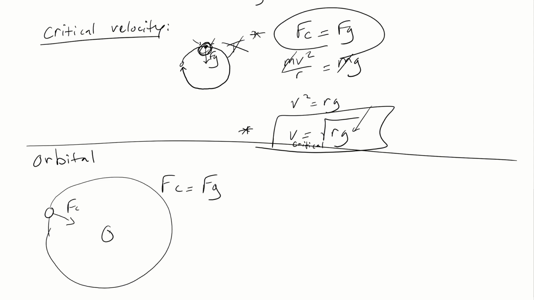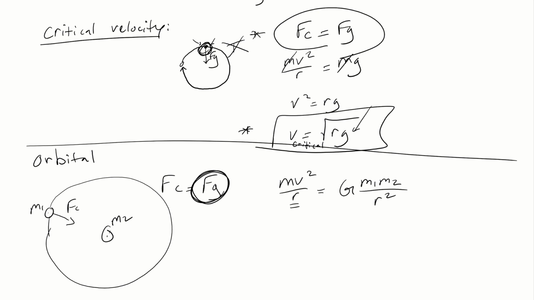So rather than using our critical velocity that we used before, we're still going to use mv squared over r for the centripetal force, but now I'm going to use my universal force of gravity, G m1 m2 over r squared, for the two masses involved. Let's say this is mass 1 and this is mass 2. R, keep in mind, represents the distance from center to center, which also happens to be the radius of my circular path if it's a perfect circle.